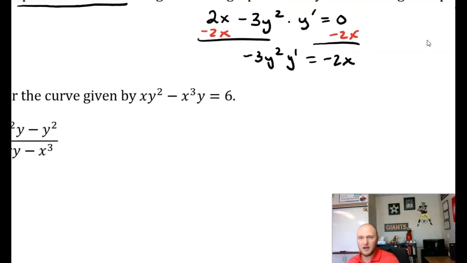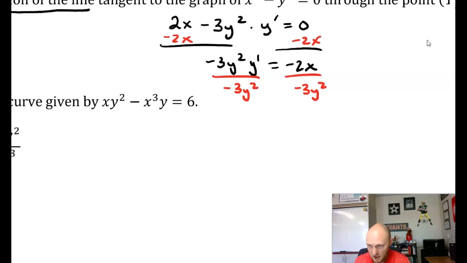And now I want to isolate my y prime. Well, I'm just going to divide by the rest of the term that contains it. I don't have multiple terms with dy dx, so I don't have to factor anything out. That step's kind of skipped in this location. So I have y prime is equal to negative 2x divided by negative 3y squared.